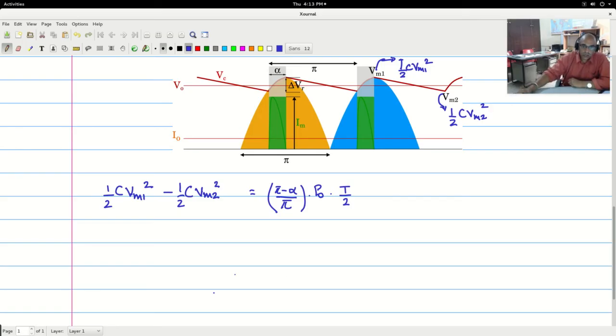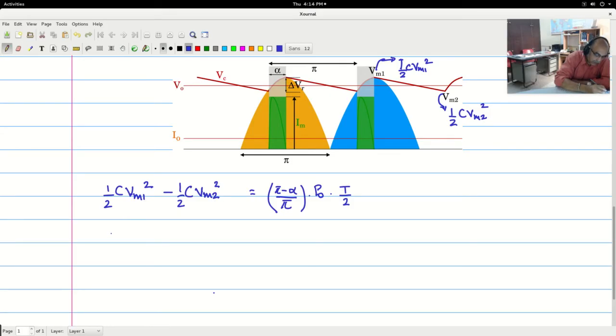If you look at this equation, pi minus alpha by pi into T by 2 is the weighted period, into P naught the power put to. So this is actually the energy, watts into time, watt seconds. That is the amount of energy, half C Vm1 square minus half C Vm2 square, that is put into the load.